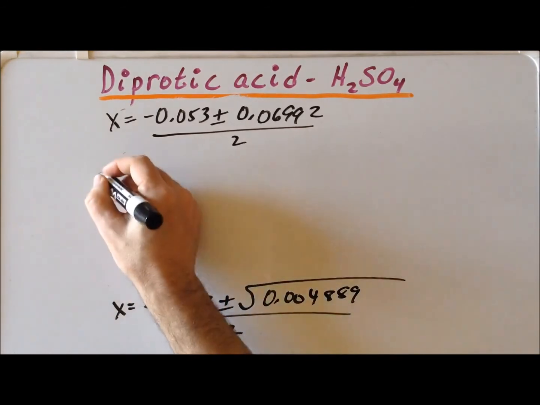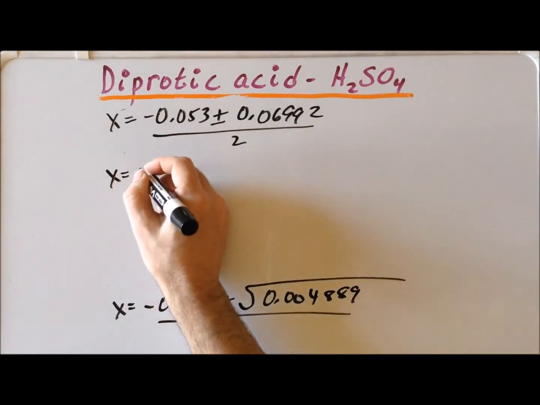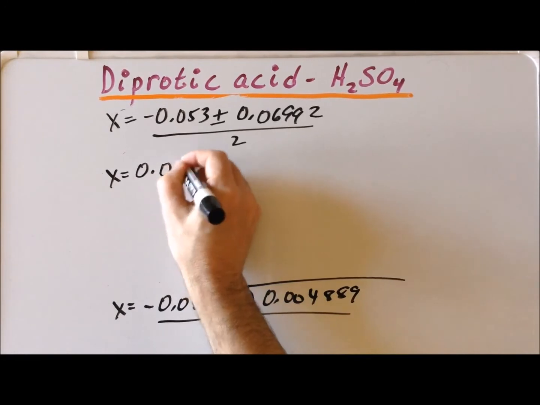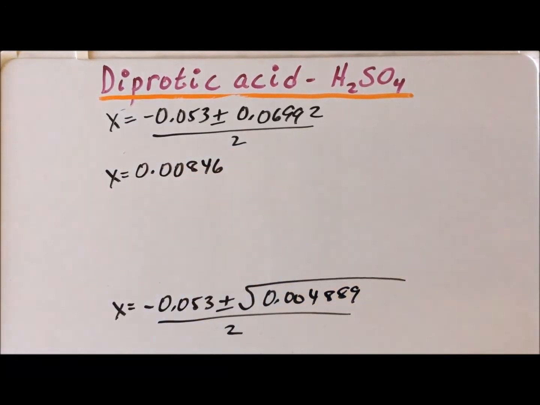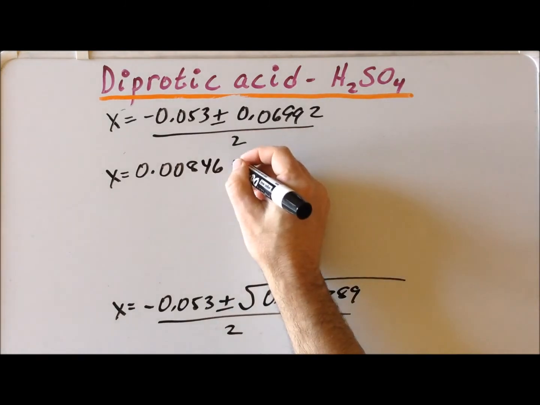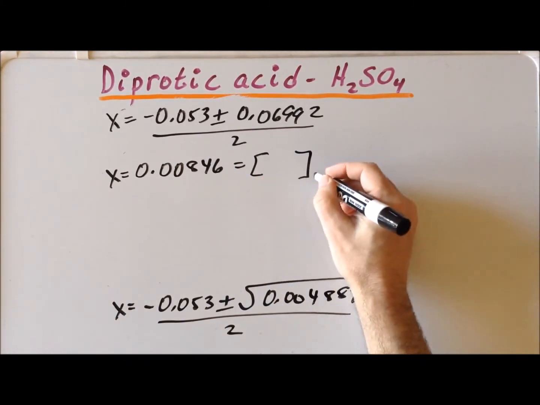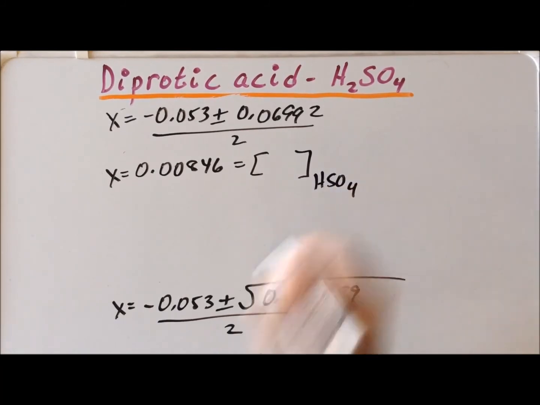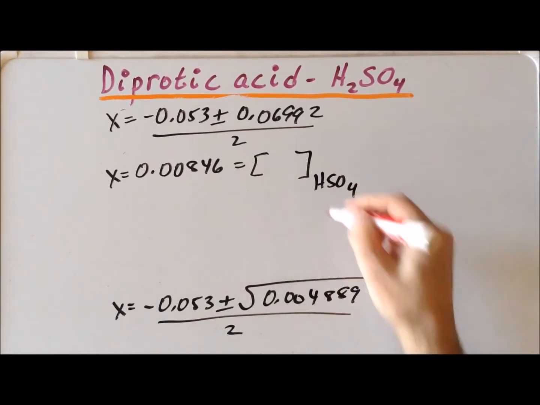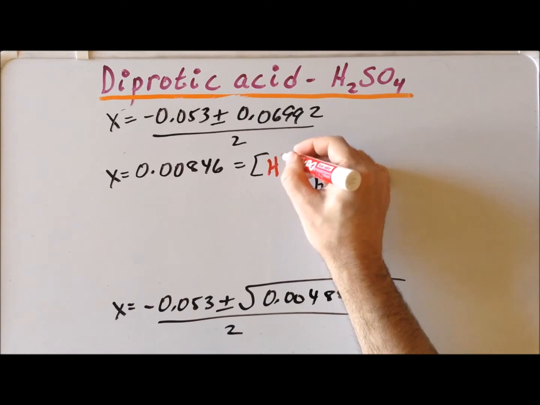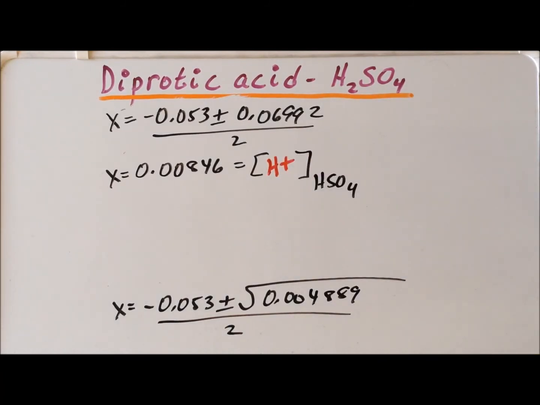And this gives us that x is equal to 0.00846. So remind us what this is. This is equal to the concentration of H plus that we got from the dissociation of the bisulfate ion. So that's just part of the overall H plus concentration.